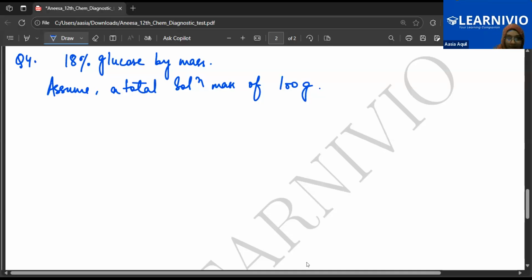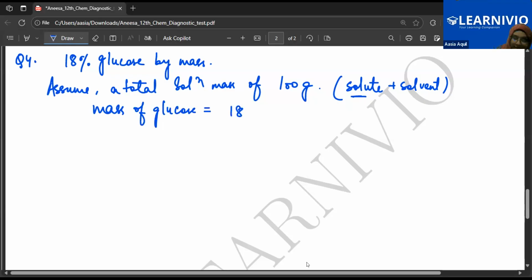Now, what will be the mass? We know that if the solution mass is 100 gram, the solution contains solute plus solvent. And glucose here is the solute, right? So if 18% glucose by mass is given, and we have a total solution of 100 gram, the mass of glucose will be 18% of 100 gram.